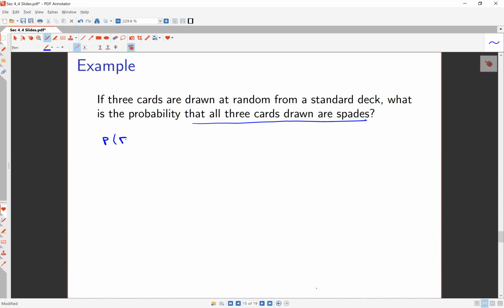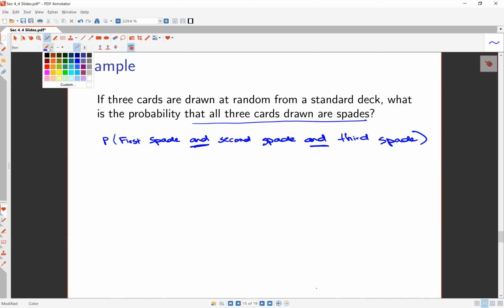So I want the probability that the first card is a spade, and the second is a spade, and the third is a spade. Right. There's a first event, a second event, a third event.